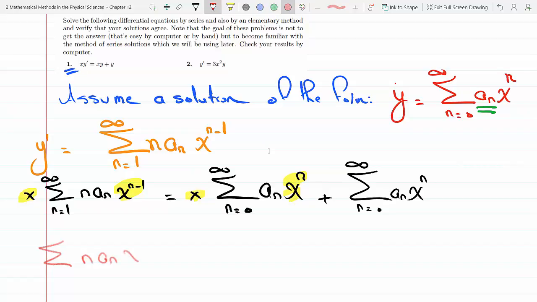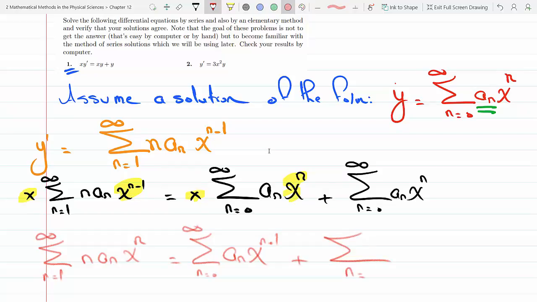When I multiply these, I add the powers, so this becomes x to the n, and here I get n plus 1, and the 1 stays the same.